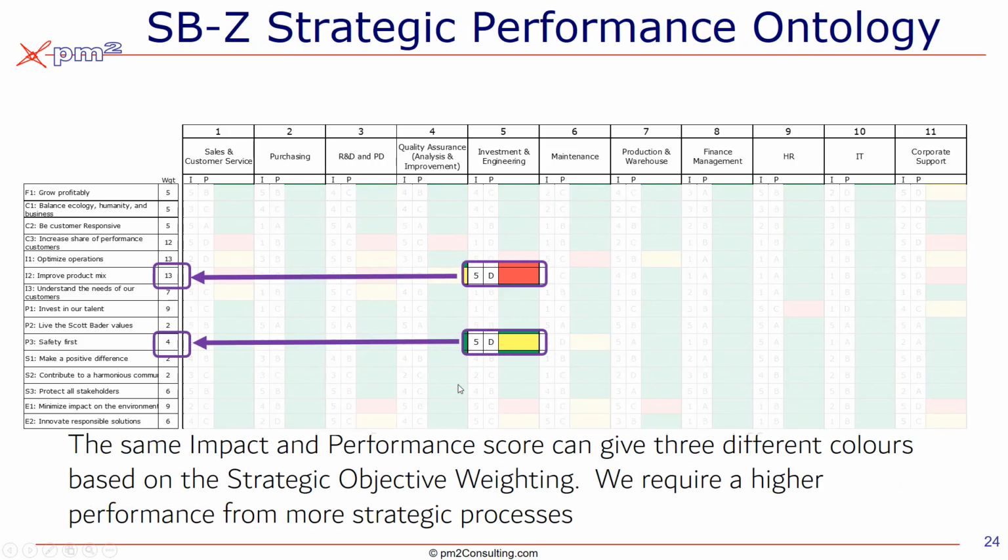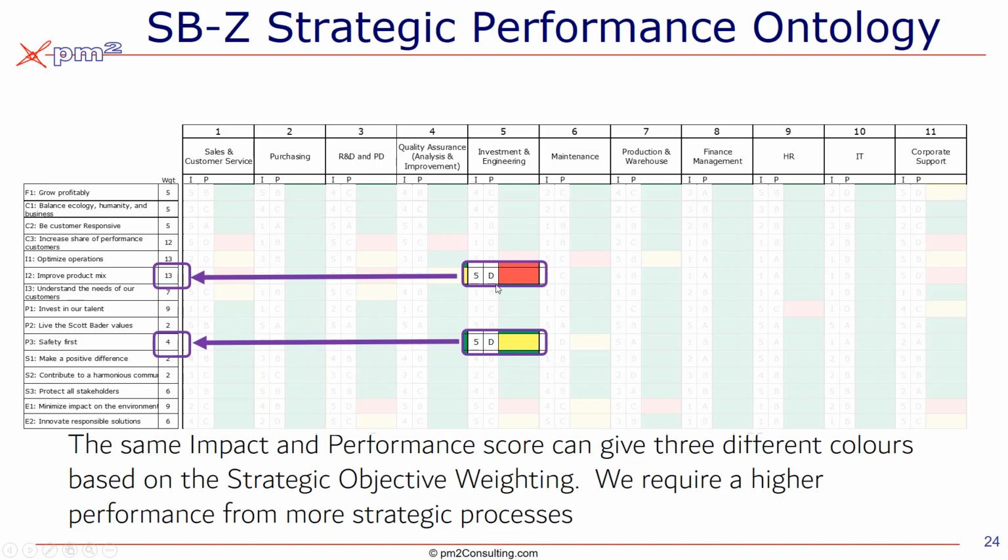It's quite intriguing. So here are two cases where we have an impact of 5 and a performance at the D level. But in this case, it's red. In this case, it's yellow. Why is that? Well, this impact of 5 and performance of D relates to a really important objective, 13%, whereas this one relates to a less important objective at 4%.